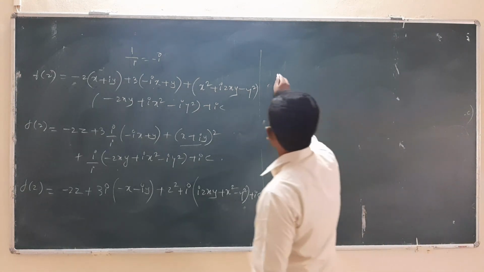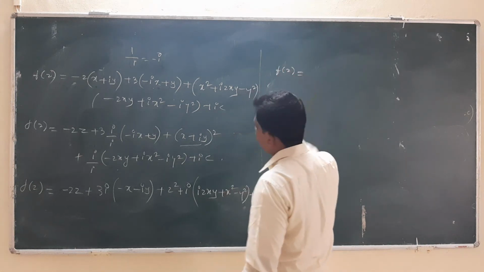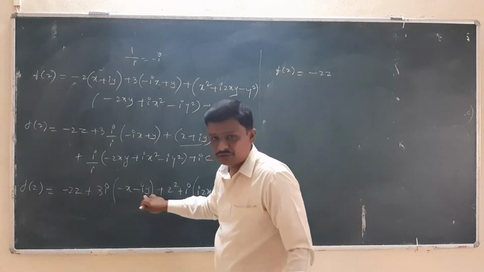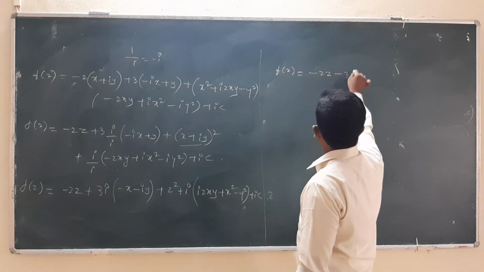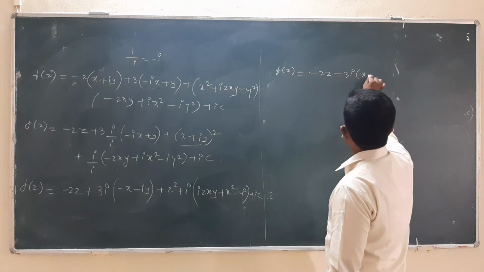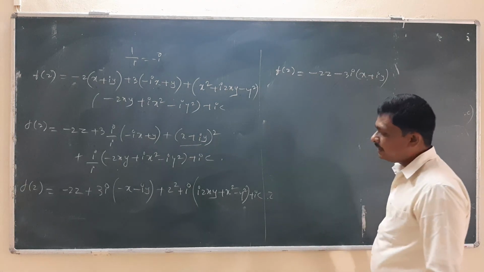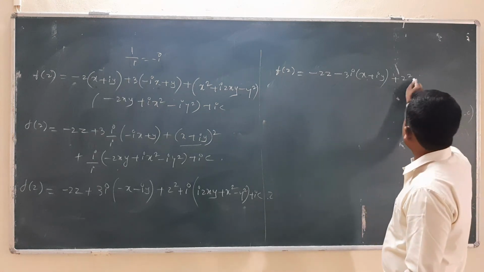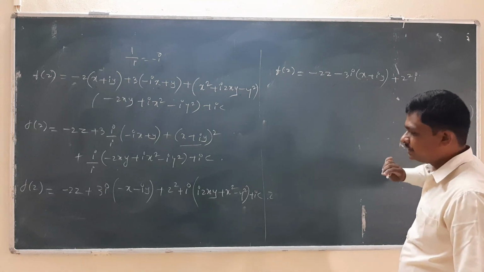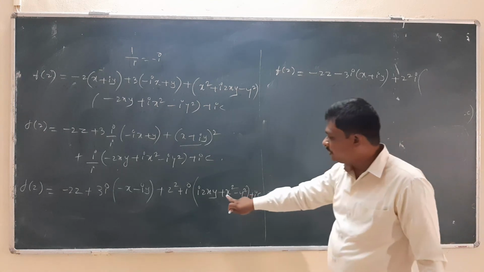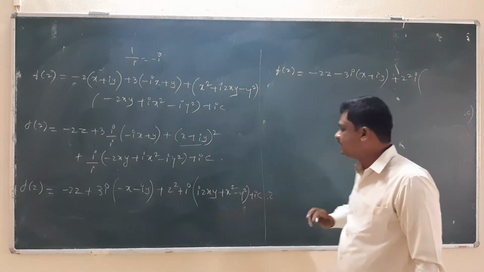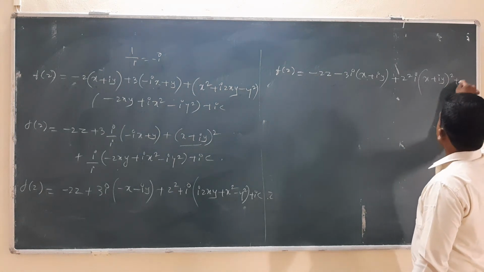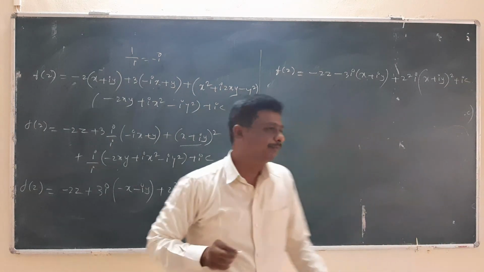So therefore f of z is equal to minus 2 into z. Here I will take minus common, minus 3i into x plus iy, plus z square. Again this is in the form of x square plus i into 2xy minus y square, which is nothing but x plus iy whole square, plus i into c.